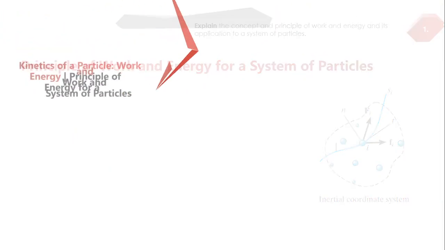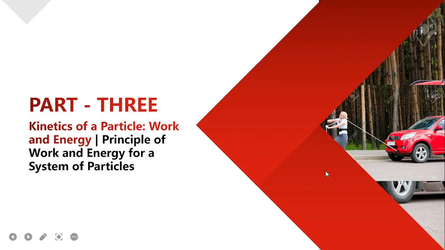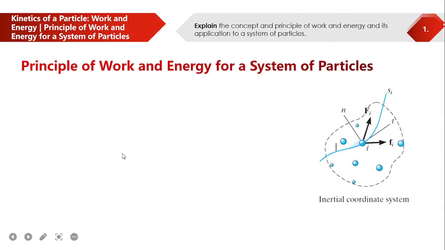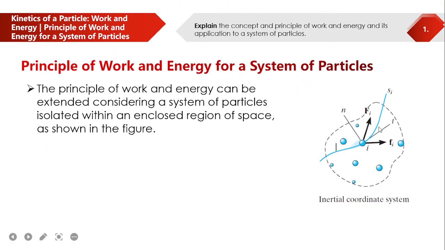So, part 3 will be the principle of work and energy for a system of particles. What principle of work and energy will we use if we're dealing with a system of particles? What should we consider? Okay. So, consider this figure.